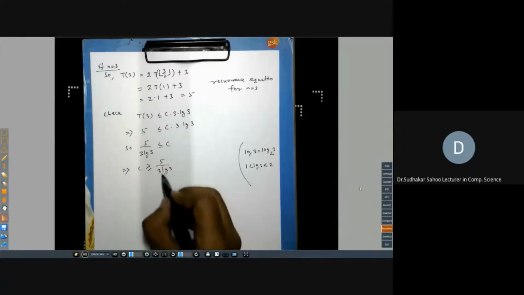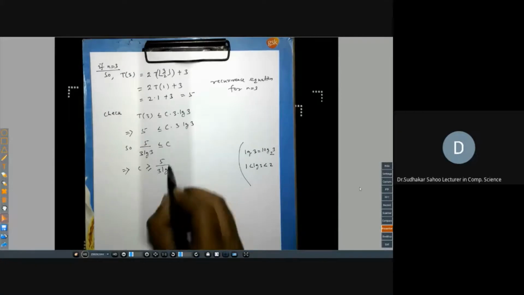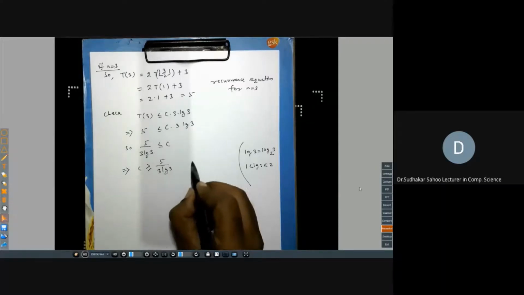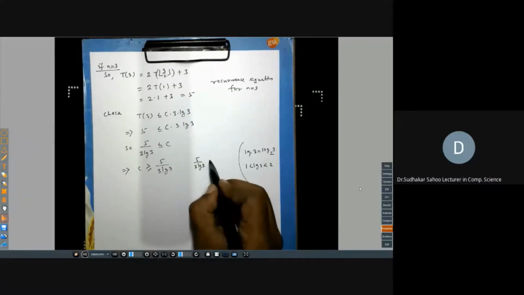And so this value, I tell that C, this particular value 5 by Lg3, is less than 2. Lg3 is 1 point something, and you can calculate exactly what value you will get.